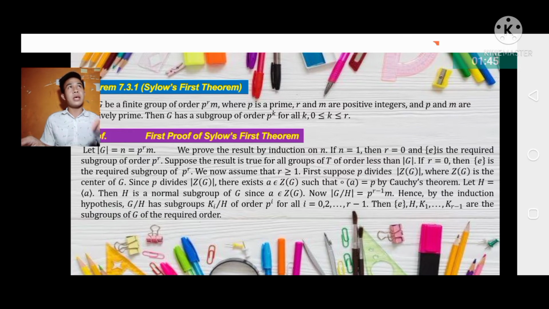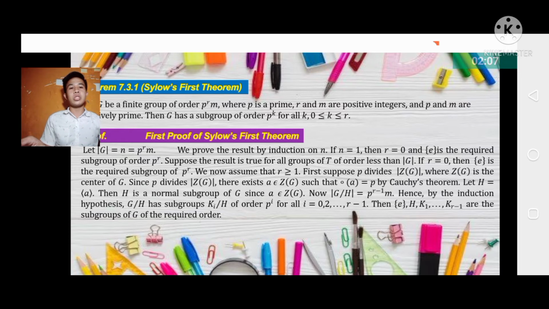So the identity element is the required subgroup of order p to the power r. That is why if n is equal to 1, automatically r is equal to 0.